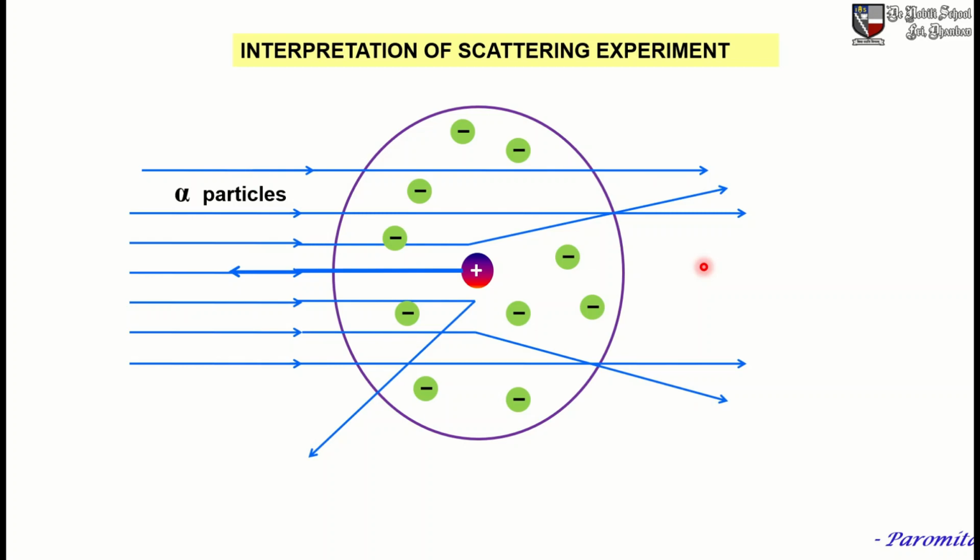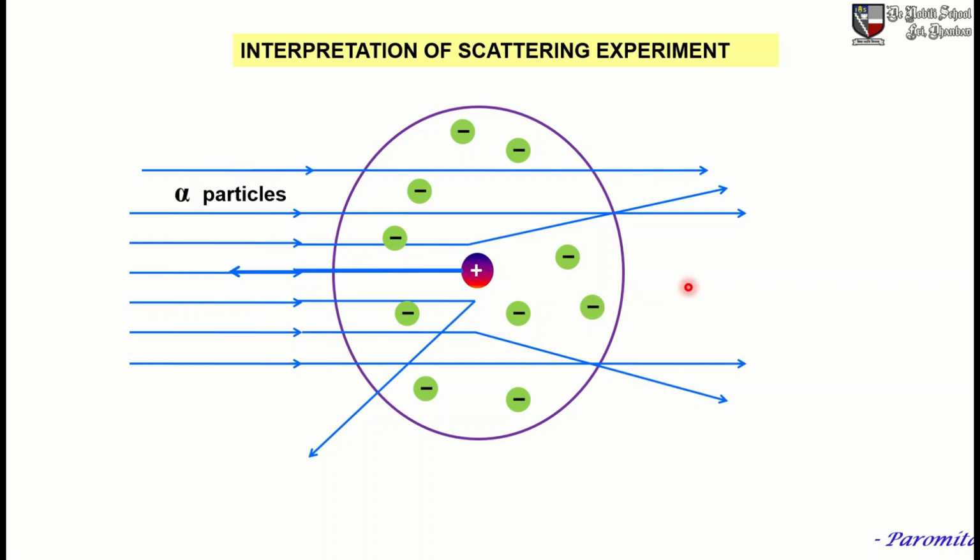Rutherford regarded the small, heavy and positively charged portion inside the atom as nucleus. All the positively charged protons were supposed to be present in the nucleus, and they account for its mass. The space which surrounds the nucleus is known as the extranuclear part. And according to Rutherford, the electrons are supposed to be present in it.